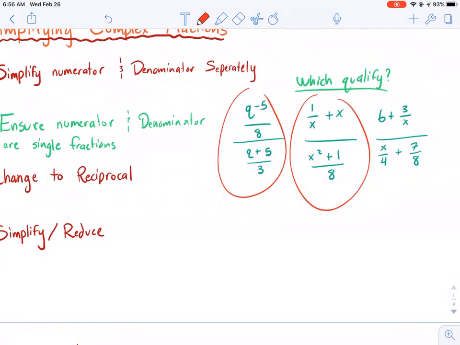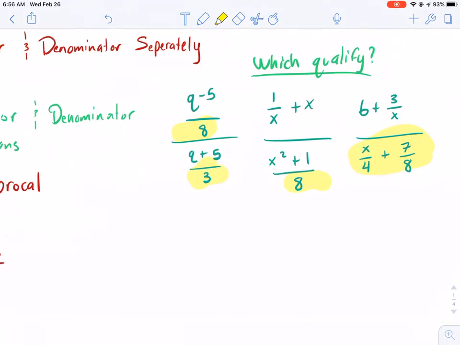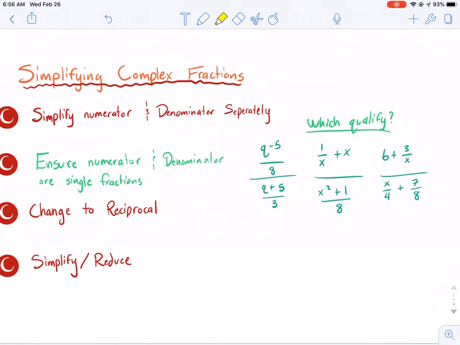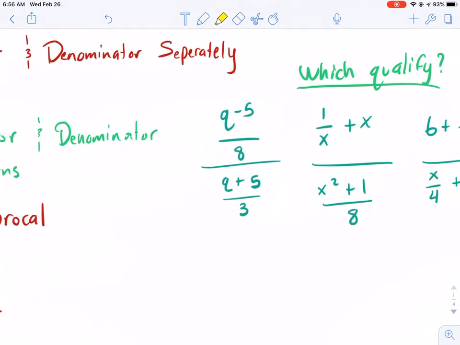Now, I know you might be thinking, well, look, we have tons of denominators here, and these fractions have one big denominator for all of them, so which ones are you talking about? I'm talking about the top and bottom separately. If you look at the first example, we have q minus 5 over 8, and then we have this division here. I want you to think of this as dividing.